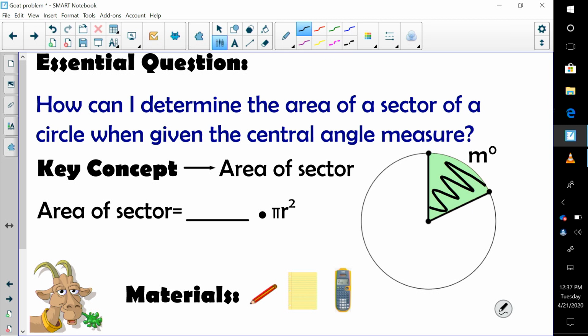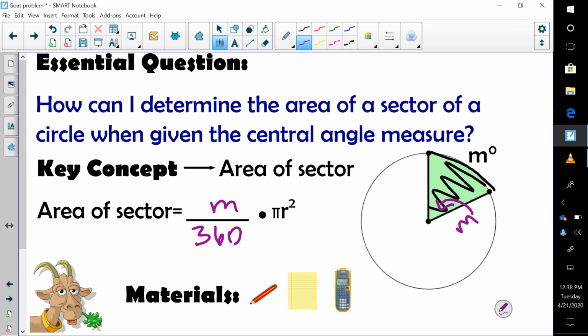So, like last week, we're going to take the measure of the intercepted arc, which is also the measure of the central angle. We're going to divide that by 360, and multiply it by our formula for area, which is pi times radius squared.